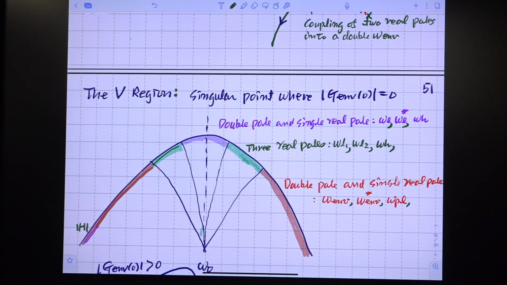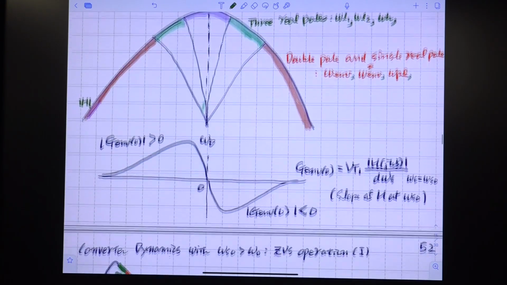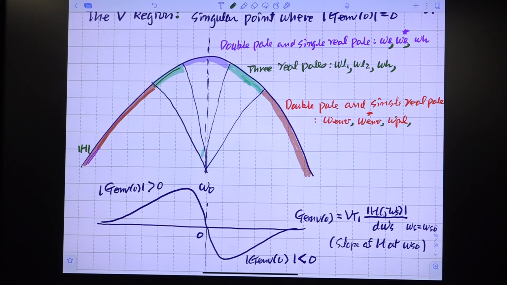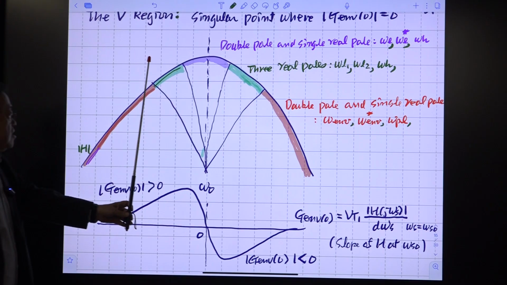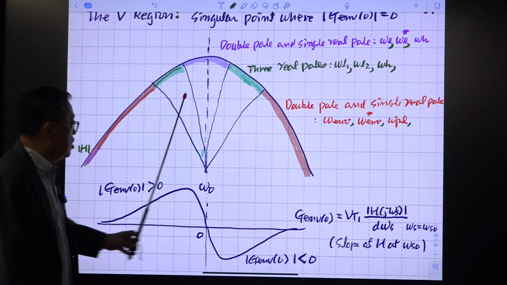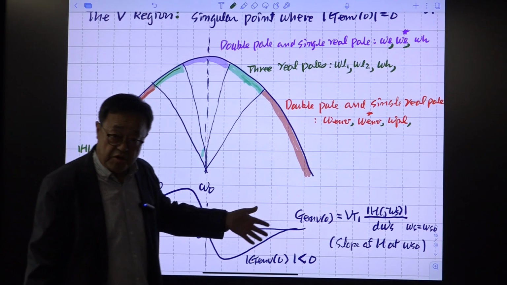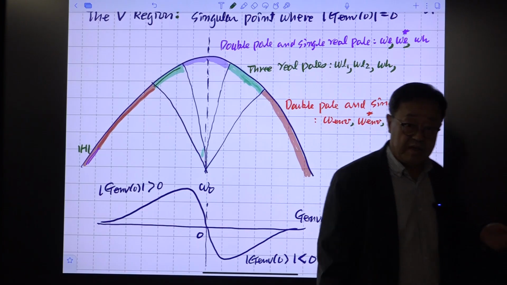And this one shows the slope of the H curve. So at this singular point, this slope becomes 0. Here the value is high and positive, and here the value is high and negative. So we went through this previously, right?